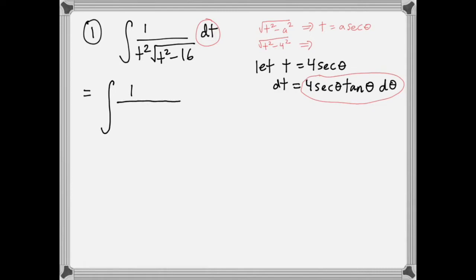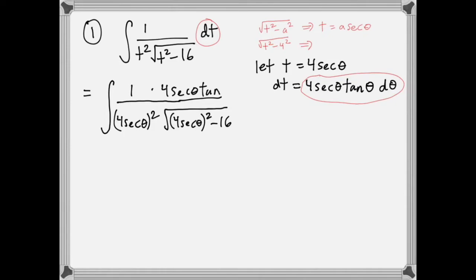So we have 4 secant theta squared times the square root of 4 secant theta squared minus 16, and then our dt is 4 secant theta tan theta d theta.